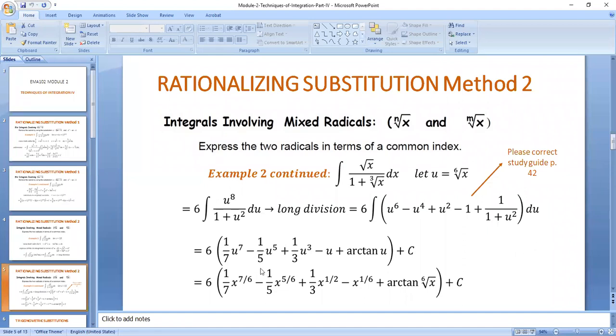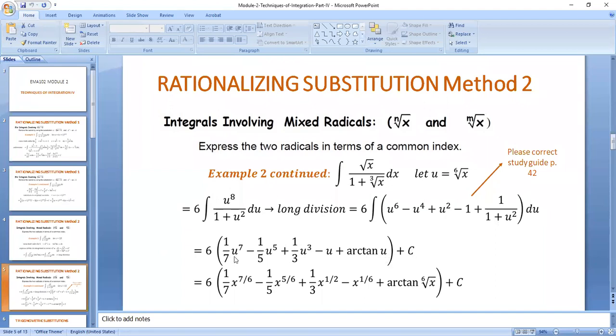So you use power rule here, that would be u raised to 7 over 7. The 6 that you have here is written in here, okay? 4 becomes 5 divided by 5. 2 becomes 3 divided by 3. Negative 1 becomes u, and you have here the arctan of u.